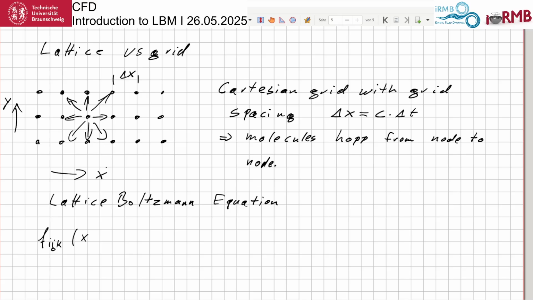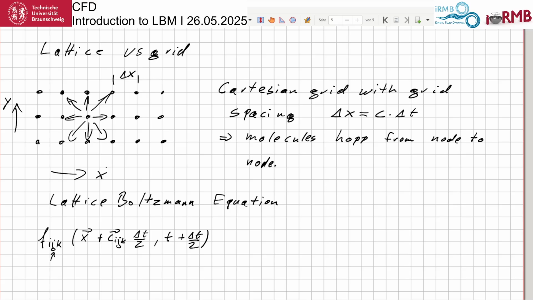And then they are located at a position x, which is a lattice position, but they move about. We describe them in a half time step, so at a time t plus delta t half, so they are somewhere in between two of these points, okay?